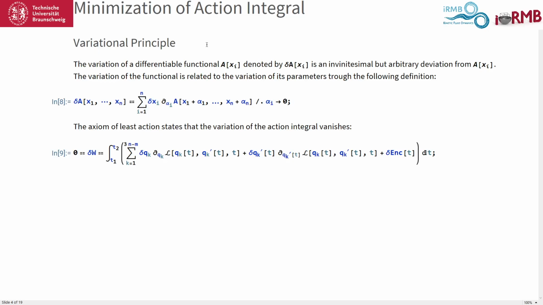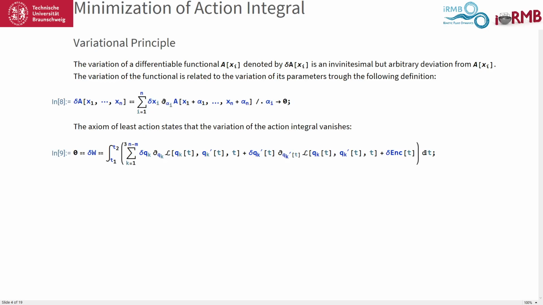What is variation? Did we have this in mathematics? I saw it before. You saw it before, okay. I always tell the students there are three different ways of writing differentials. This is a partial derivative.